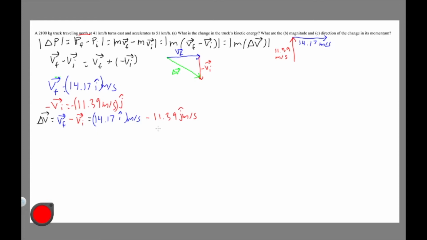So this is going to be our vector, delta V.